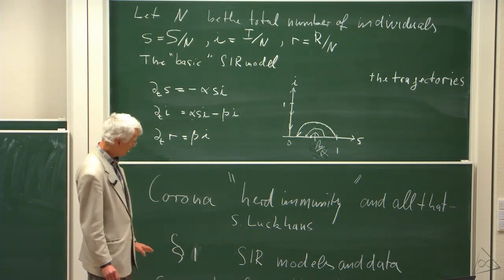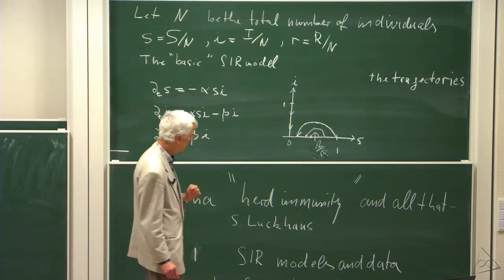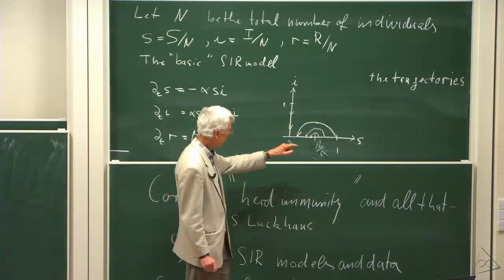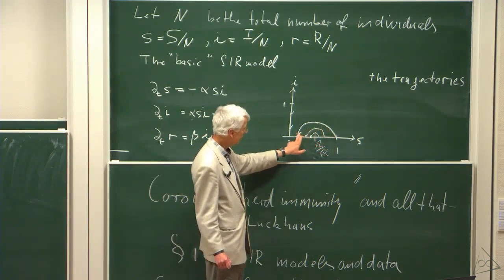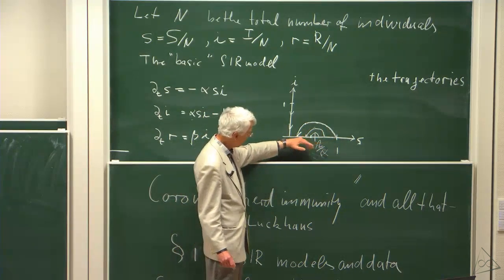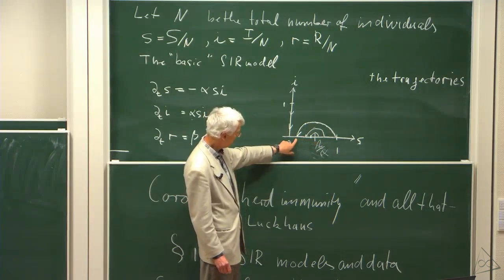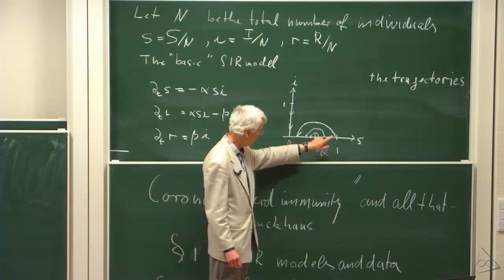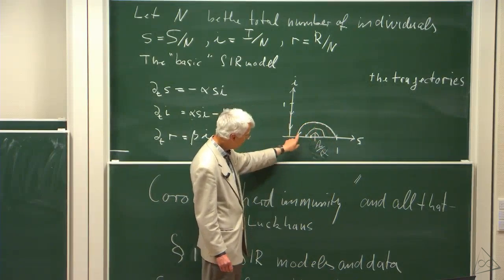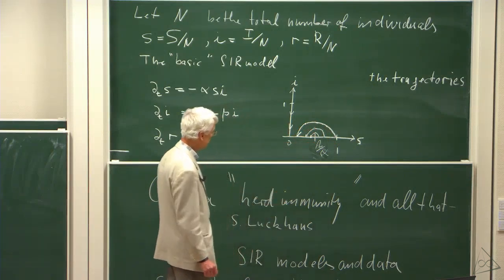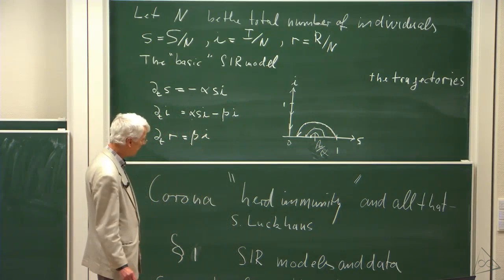Now, I should make one remark here that is important. What I'm drawing, during the course of the epidemic, is what we call the phase space. I'm drawing the relationship between infectious and S. What I'm not drawing here is time.